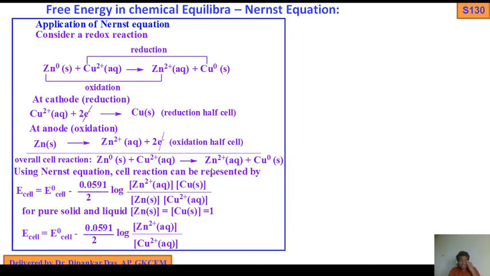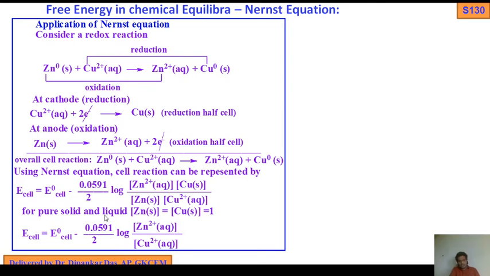So using the Nernst equation, we can write E cell equals E naught cell minus 0.0591 by 2 log K. This value comes from RT by F into 2.303, that is 8.314 into 96,500 into 2.303 by 96,500, and the 2 is for n equals 2, because the number of electrons involved here is 2. K is, as I told you, the molar concentration of zinc 2 plus aqueous times the molar concentration of copper solid on the product side, which I have written as the numerator. On the reactant side, the denominator is the molar concentration of zinc solid by the molar concentration of copper 2 plus aqueous.